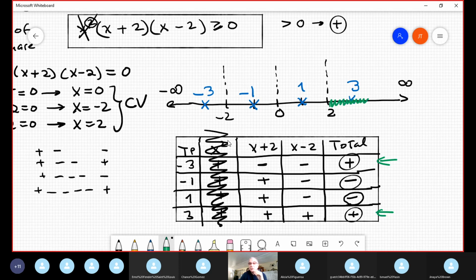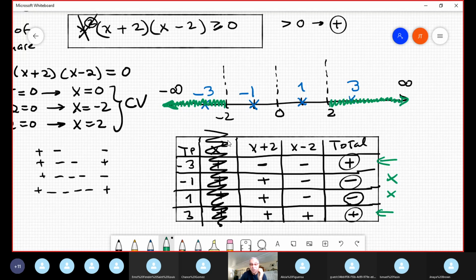That means it is also included. Okay, this interval is super good. Negative 3 is also good. This interval is good. No, this one fails because it's negative.